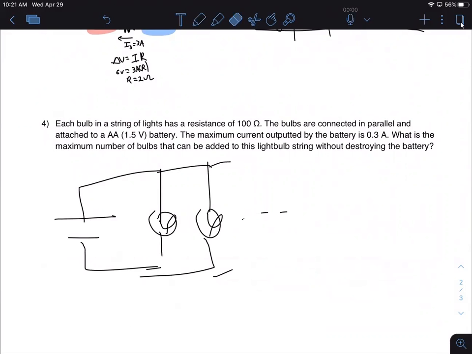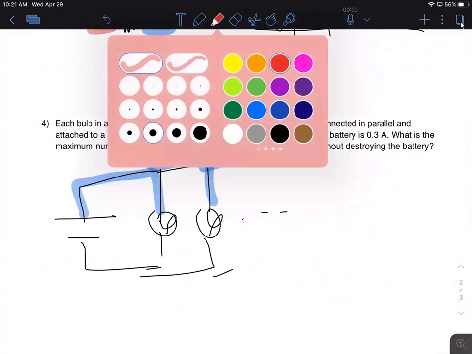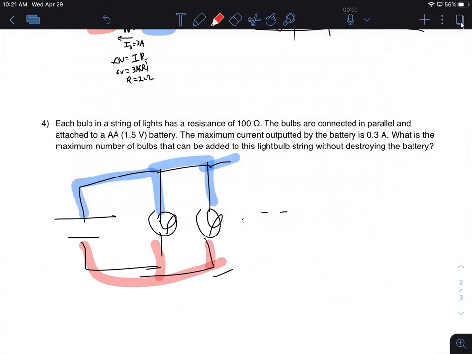So in parallel, based on what we saw previously, each of these light bulbs is going to have a delta V of 1.5 because the battery is adding 1.5 volts. Each light bulb needs to be taking away 1.5 volts if the electron goes through that loop.